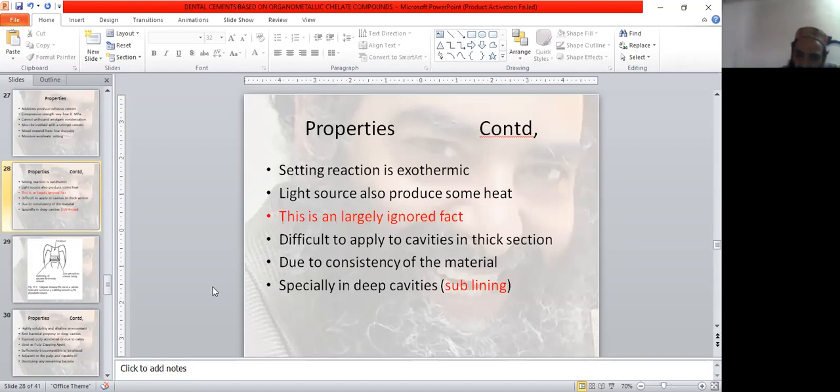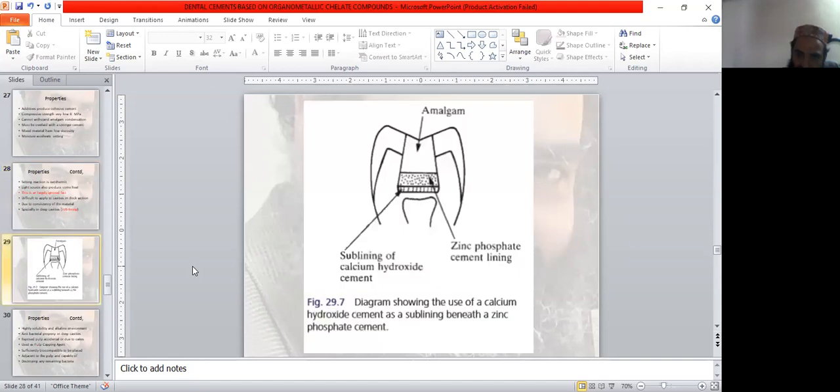There is also difficulty in applying it to cavities in thick sections due to the consistency of the material, especially in deep cavities. So sublining is advocated. Already explained, this is the sublining of calcium hydroxide cement, zinc phosphate cement lining, and then the amalgam.